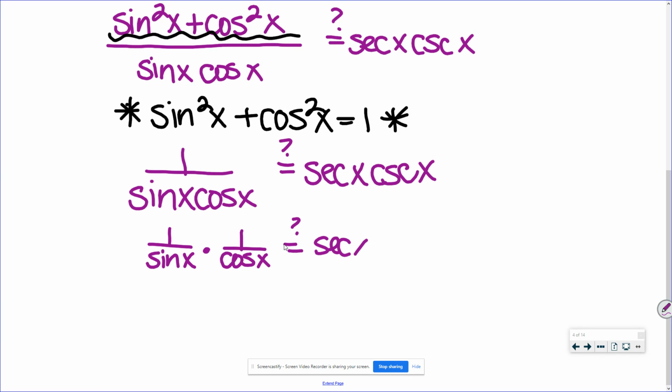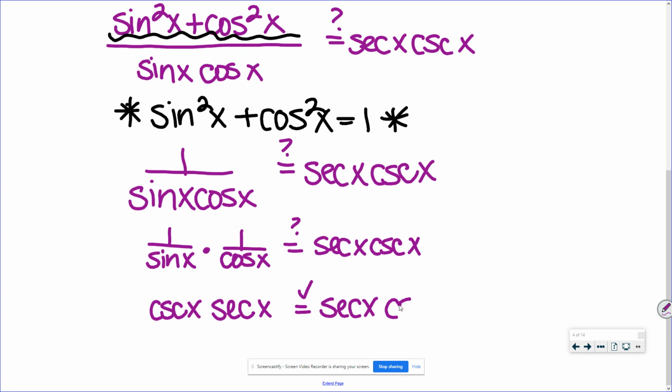And if we do that, we could say 1 over sine is the same as cosecant, and 1 over cosine is the same as secant, and we are done. I know they're not in the same order, but it's multiplication, so the order doesn't matter. We are done. QED.